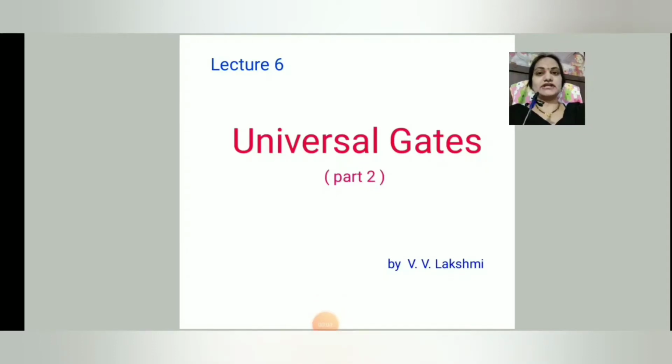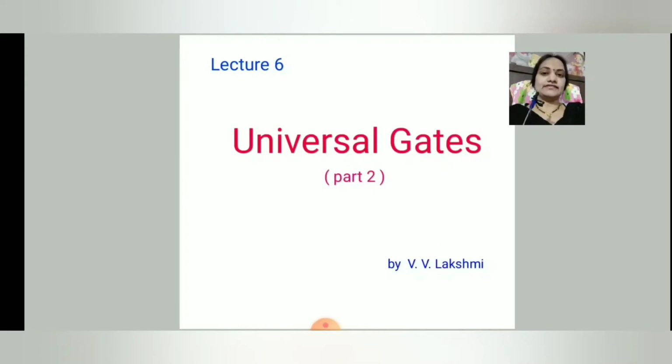In this lecture, I want to explain how NOR gate can be used as universal gate. I already mentioned that a universal gate is a gate by which we can design all the other gates. Basically, we are having 7 gates.